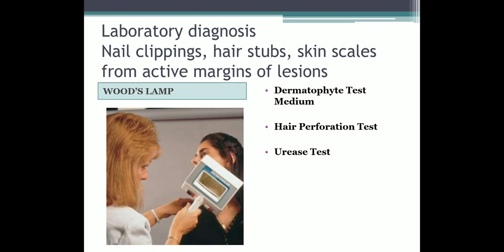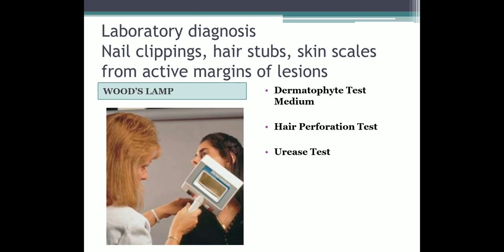Similarly, hairs should be plucked, not cut, because we may miss ecto or endothrix infection which primarily affects the hair shaft. Nail clippings must be taken with utmost precaution after examining the lesions in the nail.